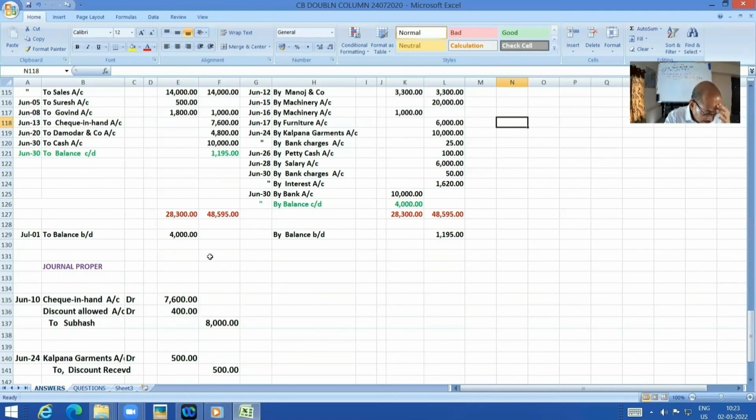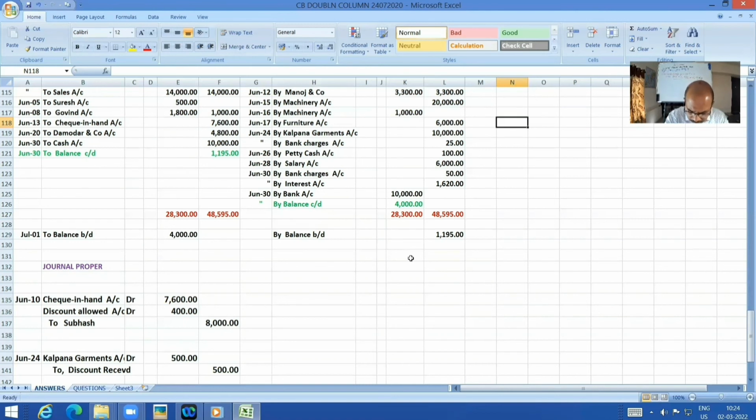Interest charged is an expenditure. Why does the bank charge you? You must have overdrawn. So you have to pay interest to the bank. Normally the bank gives you interest, so that's why interest charged by the bank is an expenditure. So by interest in the expenditure column, on the credit side against the bank column, 1,620. Okay.